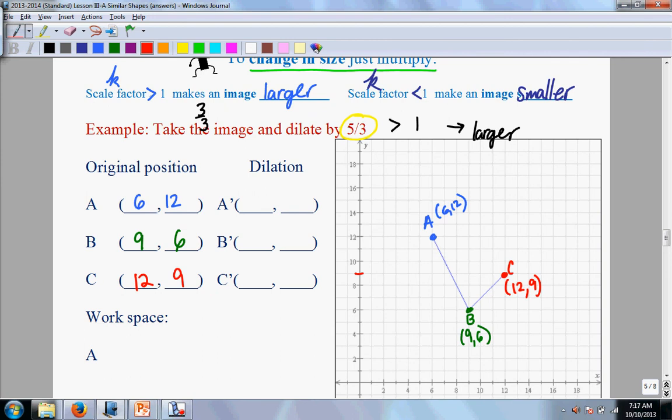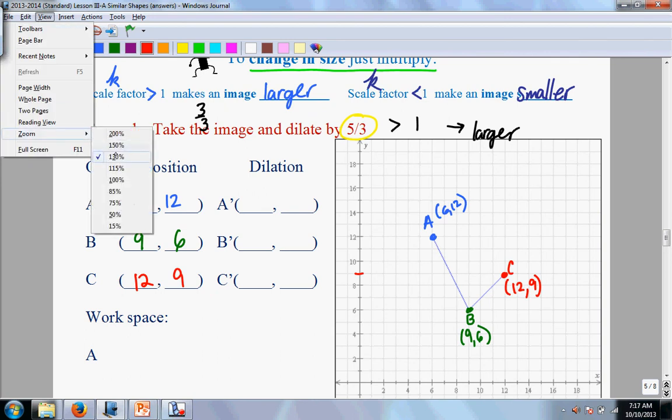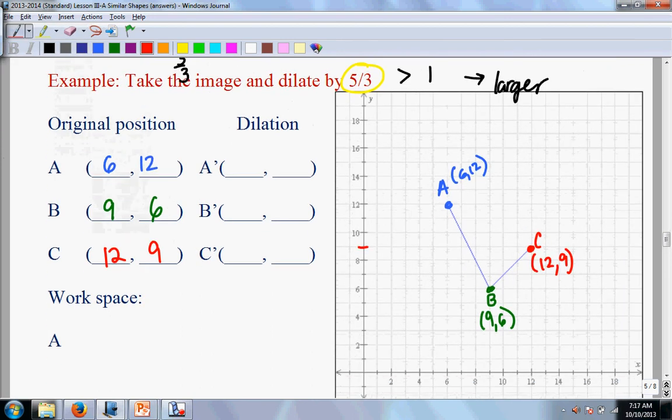Okay, so our coordinates are here. We see that A is at 6, 12, B is at 9 and 6, and C is at 12 and 9. Let me just put the little coordinates here so you can see it. A is over 6, up 12, so you can see the blue, the green, and the red.